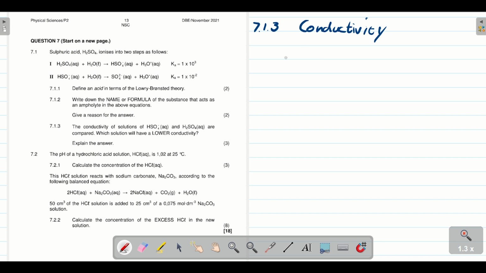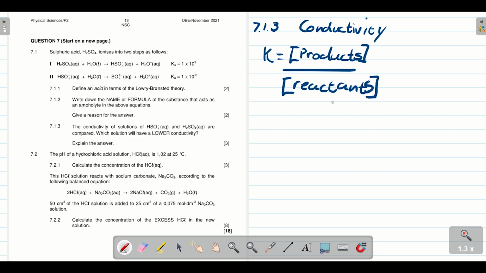So what we need is a solution that has a mixture of ions so that the electrons can flow. If we look here, we have two reactions that form ions. That's usually the case with acids and bases. And we've been given K values. Now, what are K values? K values just represent the concentration of products over the concentration of reactants.